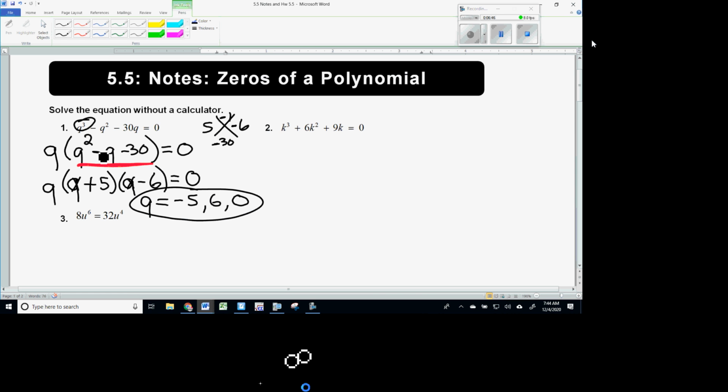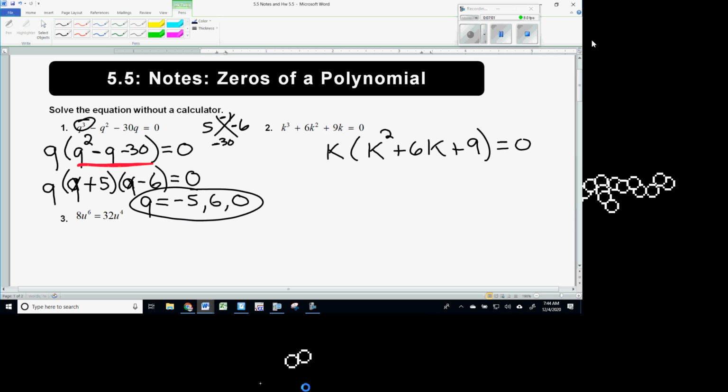What would be step 1? Factor out a common factor, which is just k. And we have k squared plus 6k plus 9. And then just like yesterday, it'll always go like that.